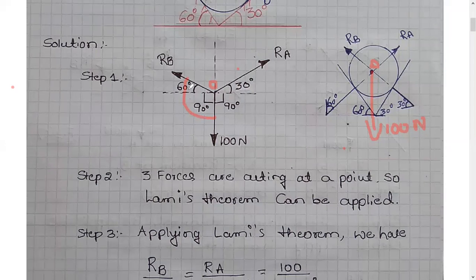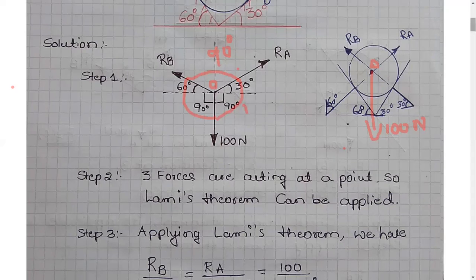So RA by sine of the total angle, 60 degree plus 90 degree, that is 150 degree, is equal to 100 by sine of the opposite angle, which is 90 degree, which we have already determined. Then this is equal to RB by sine of 120 degree.